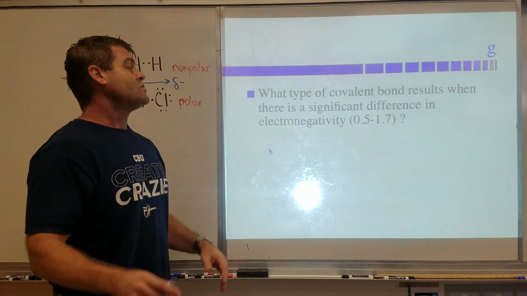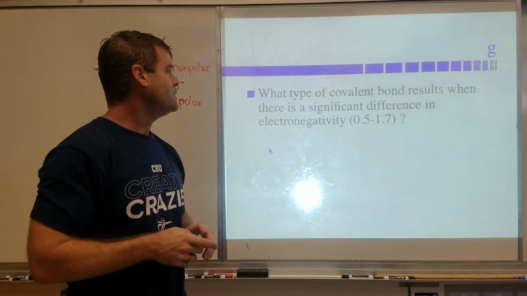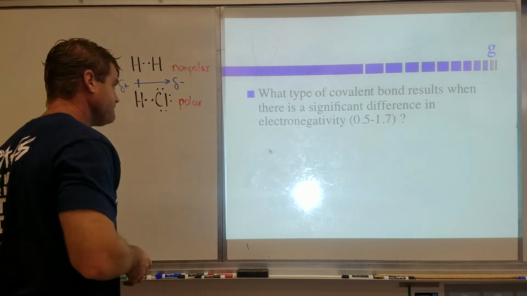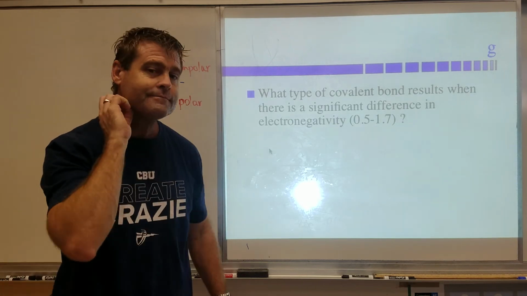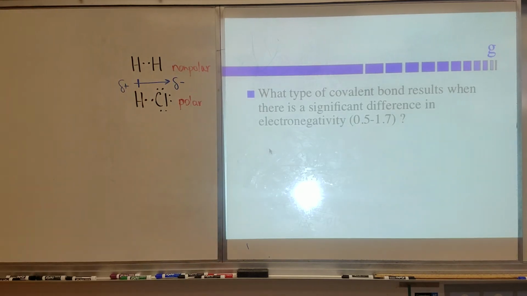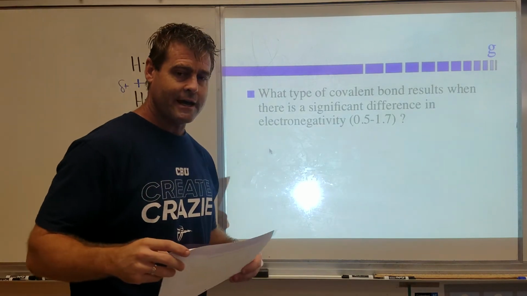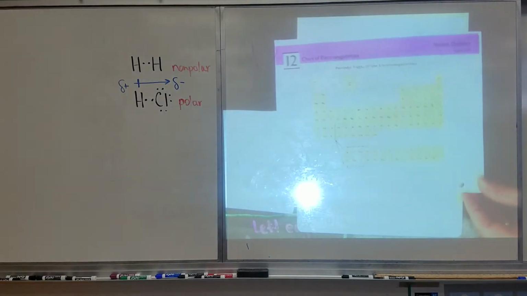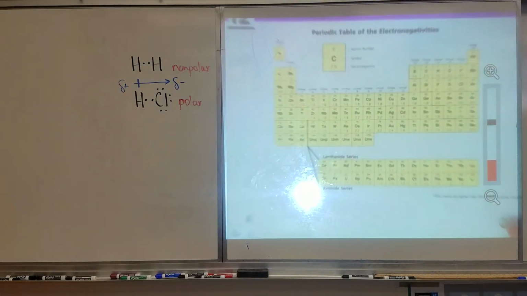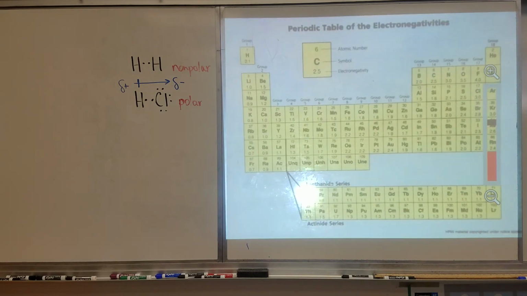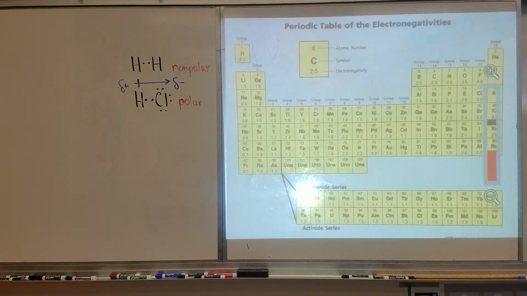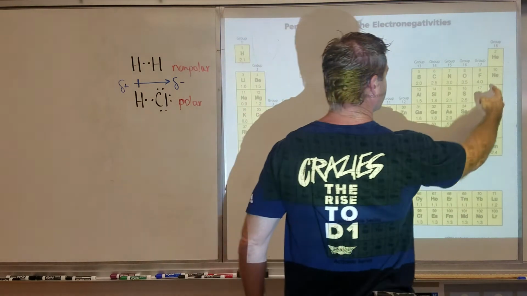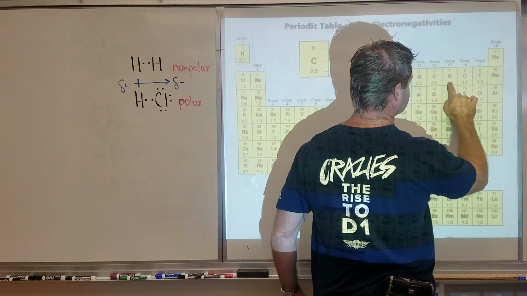Okay, so let me just show you guys here. I'm going to show you a table of electronegativity values. Or actually, it's the periodic table. You'll notice a lot of the noble gases don't even have electronegativity values.